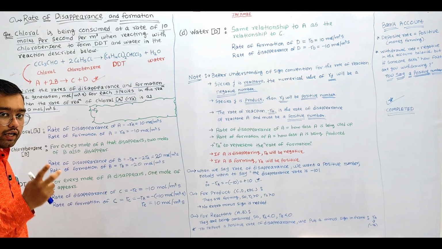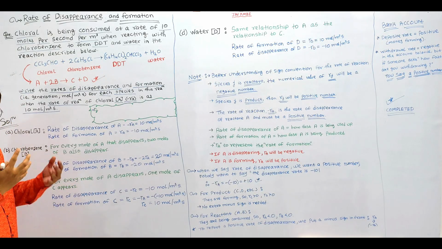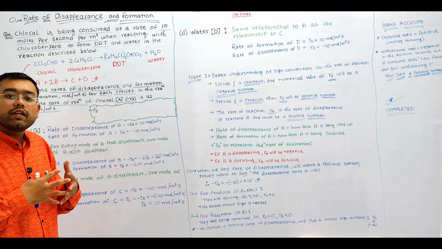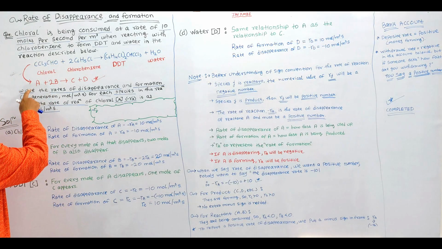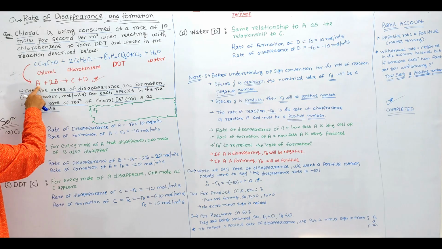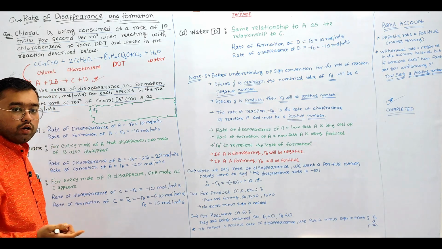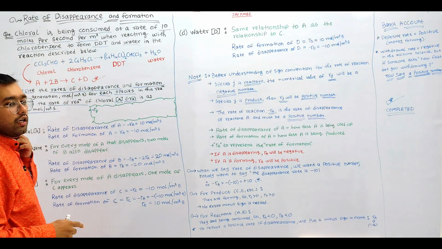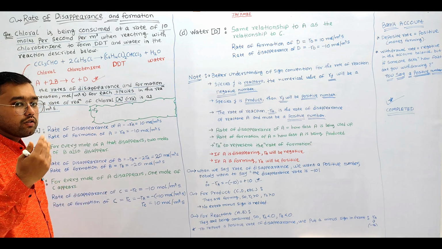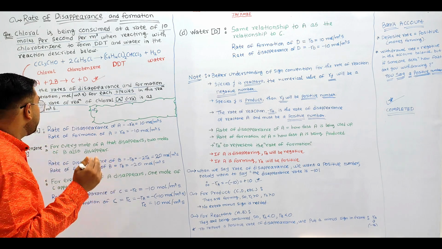So A and B are reactants. A and B will react with each other and get converted into C and D. So for every 1 mole of A, it will react with 2 moles of B and will get converted into 1 mole of C and 1 mole of D. The C and D are the products, which will form during the progress of the reaction, right?